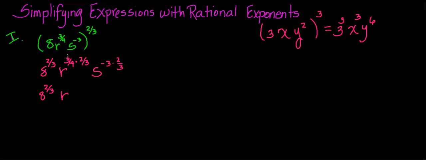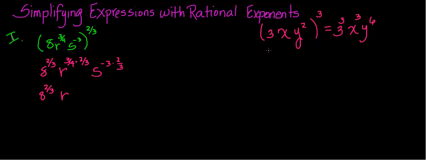I want to do this multiplication. When we multiply fractions, we multiply numerator times numerator, denominator times denominator. You can also simplify by canceling the terms. The numerator can cancel with this denominator, and this 2 we can cancel with this 4. Or you can just multiply numerator times numerator, denominator times denominator.